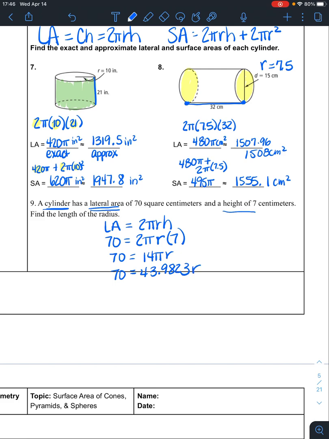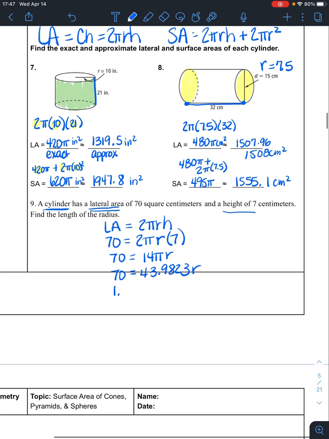And then you would divide 70 by that. You do 70 divided by 43.9823, and you would get that the radius is 1.6. Now let me show you the difference. It's actually 1.59. It may not make much difference because it's pretty small numbers. Okay, so that's my radius.